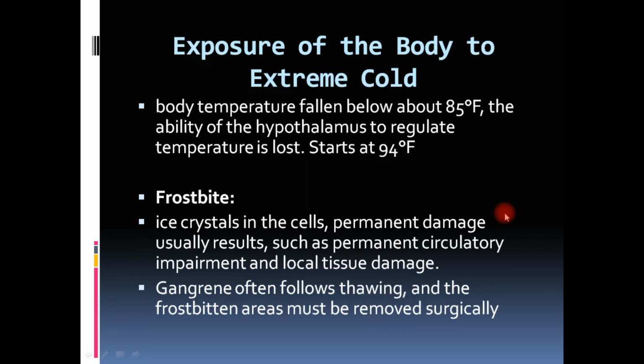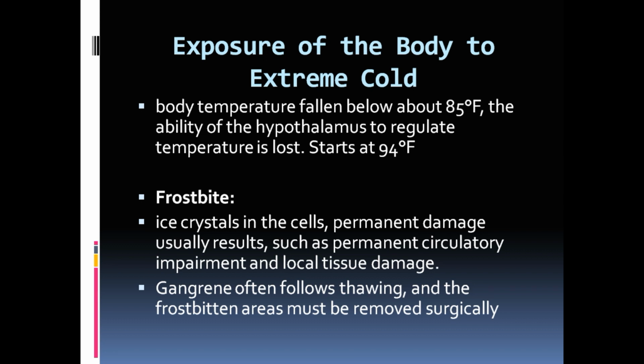Exposure of the body to extreme cold. If the body temperature falls below 85 degrees Fahrenheit, the ability of the hypothalamus to regulate temperature is completely lost. This effect starts if the body temperature falls below 94 degrees Fahrenheit.